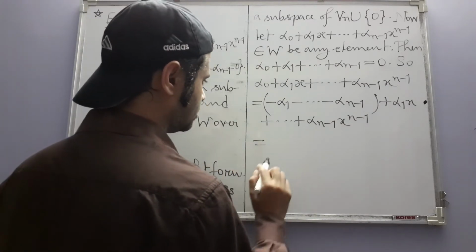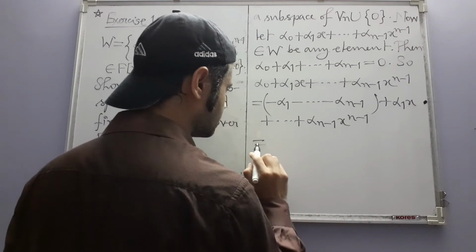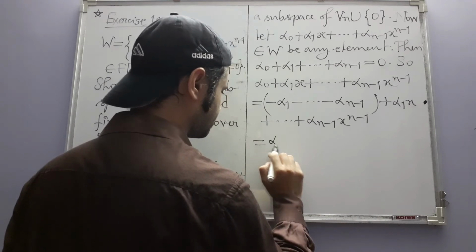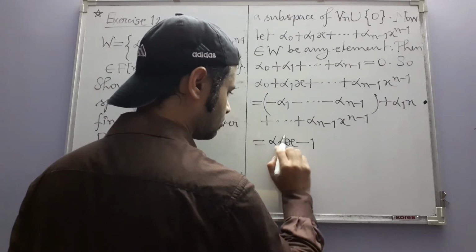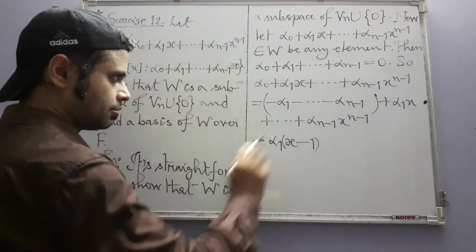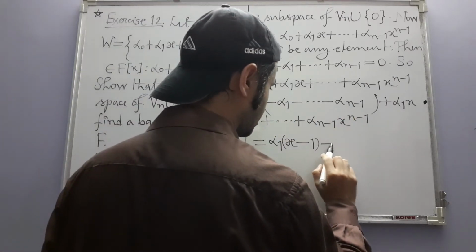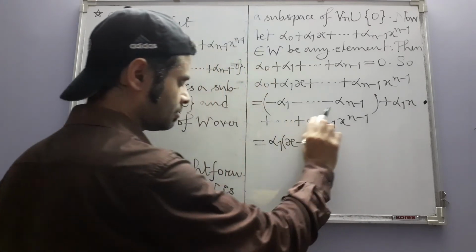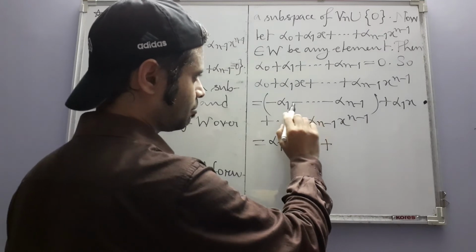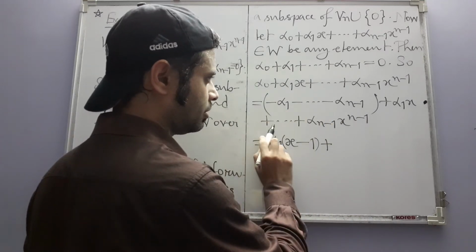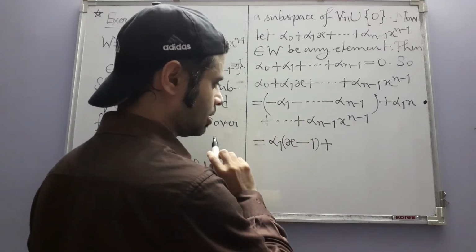Now rearranging things, we get this. X minus 1, etc. I mean, if we decided to write one more, then we would have here minus alpha 2, and here we would have alpha 2 x square.